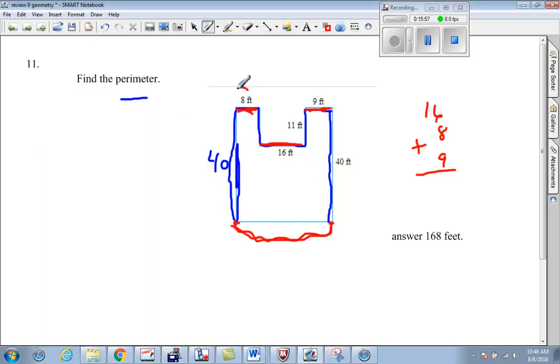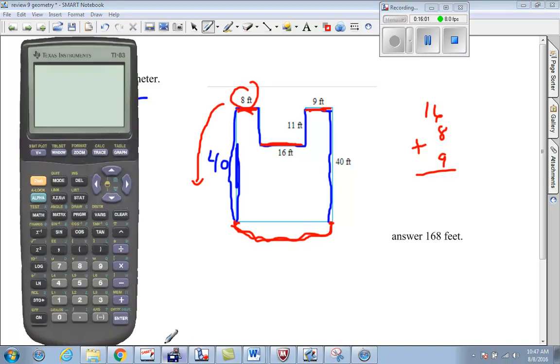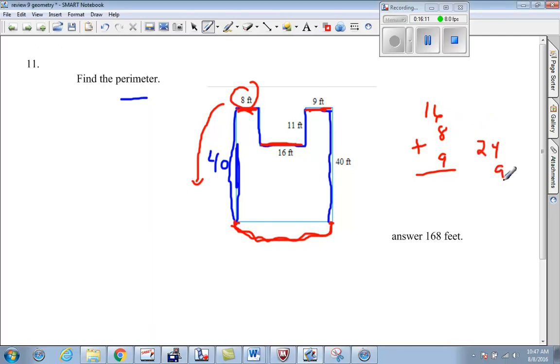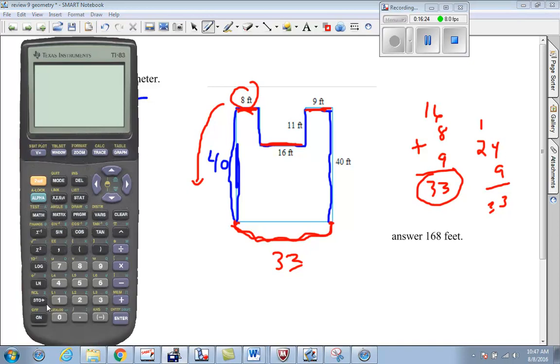So I'm going to start here at the 8 and just go around the figure. Oh, I forgot to add this up. So 16 and 8 makes 24 plus 9, so 33. All right. Now we're ready to add every side length up.